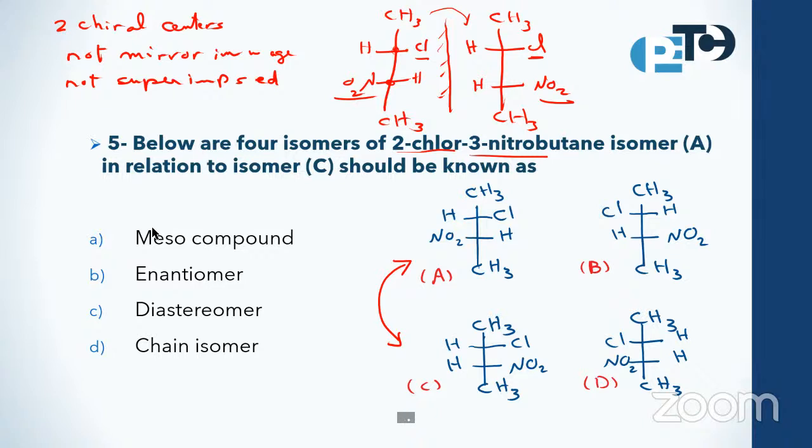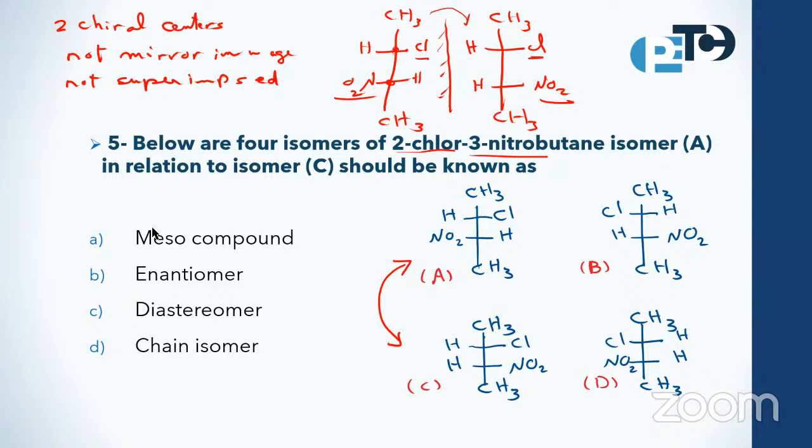The last character is the optical activity. Do those isomers have optical activity or not? How can we know that? We have 2 rules about that.